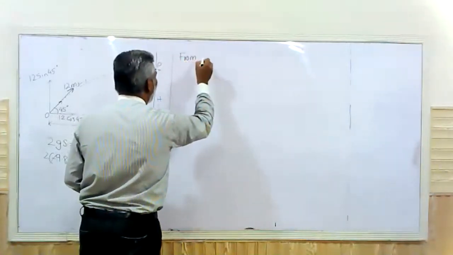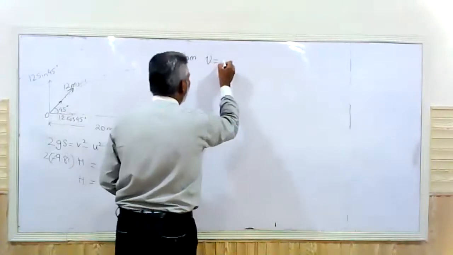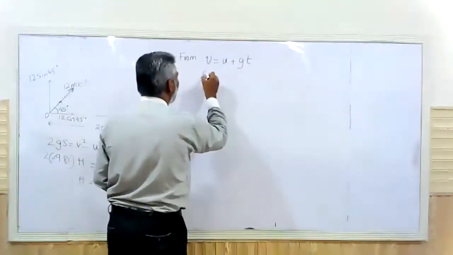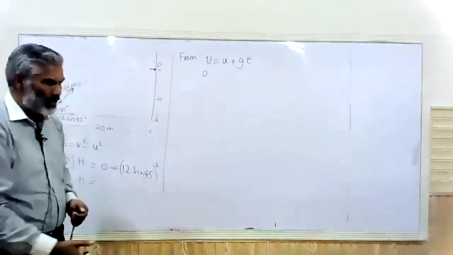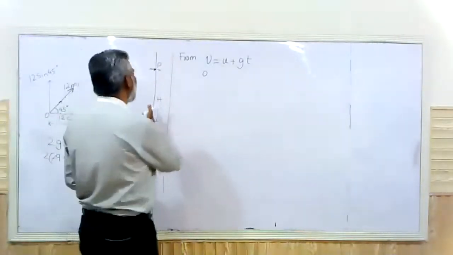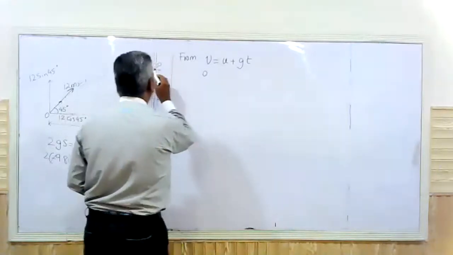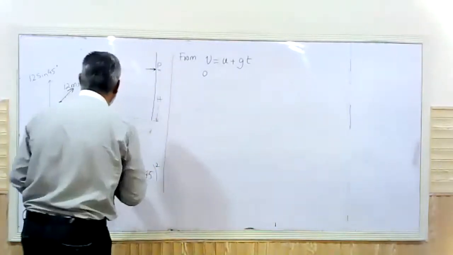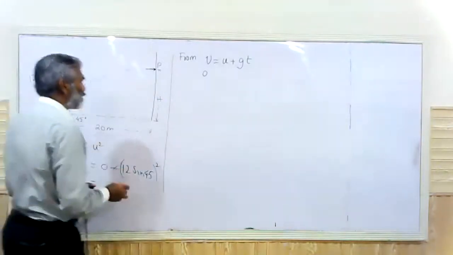From v is equal to u plus gt. This v is 0 because the vertical motion has no final velocity along the vertical. The velocity is all along the horizontal now, which is 12 cos of 45.